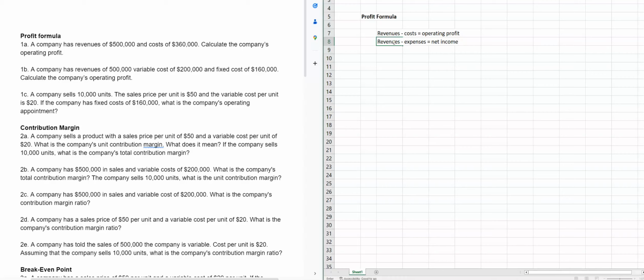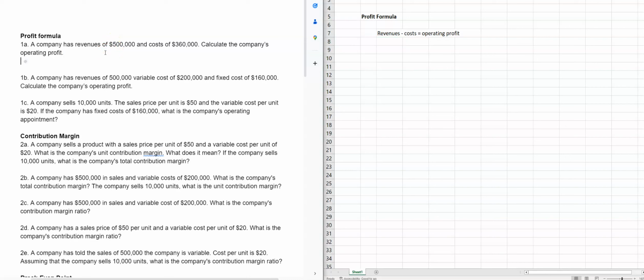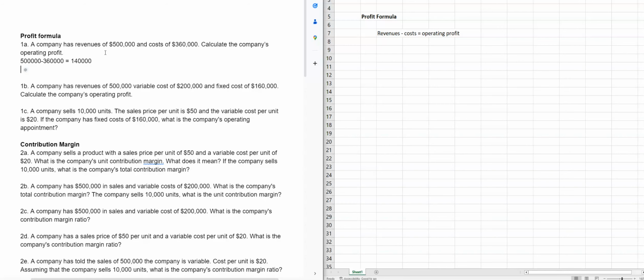Costs are different from expenses. Okay, so let's start with that. Just revenues minus costs equals operating profit. Now, when we take a look at our revenues and our costs here, we know that revenues are $500,000. Our costs are $360,000, which means that our operating profit is $140,000.